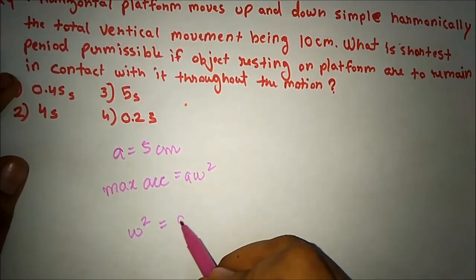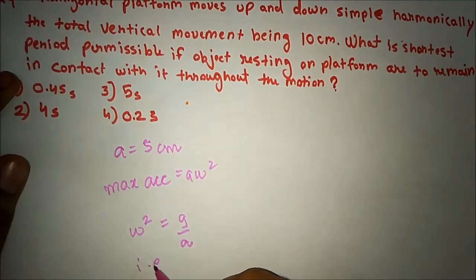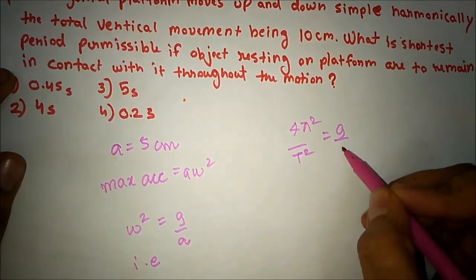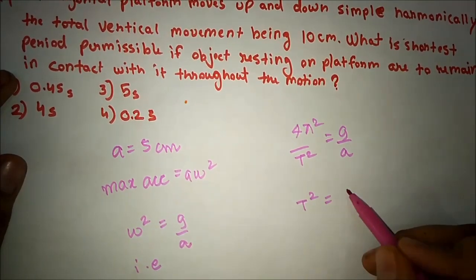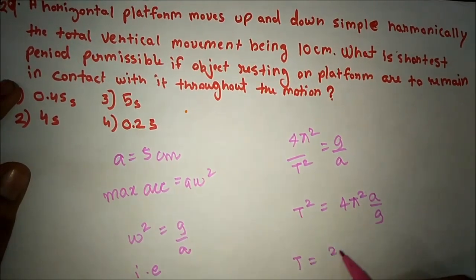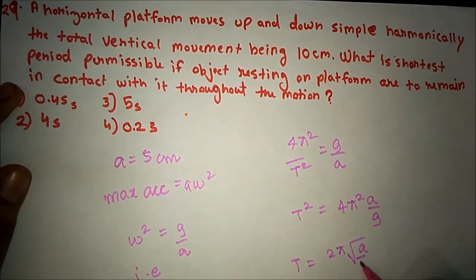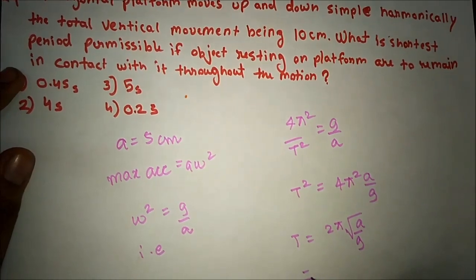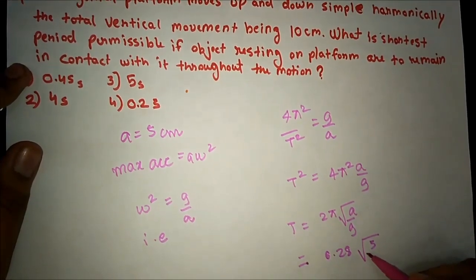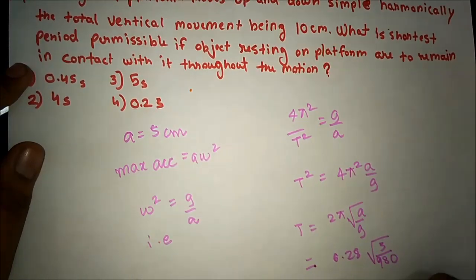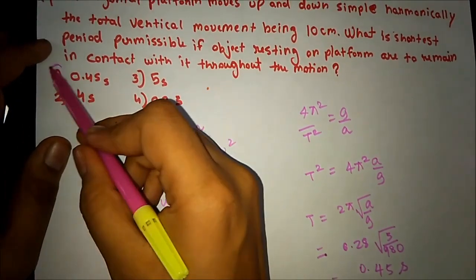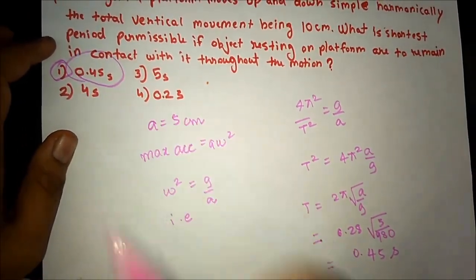Omega square is equal to g by a, that is 4 pi square upon t square is equal to g by a. So value for t square is equal to 4 pi square a by g. So t is equal to 2 pi root of a by g. Now substituting the values, 6.28 into square root of 5 upon 980, which on solving we get 0.45 seconds. So option 1, 0.45 seconds is the correct answer.